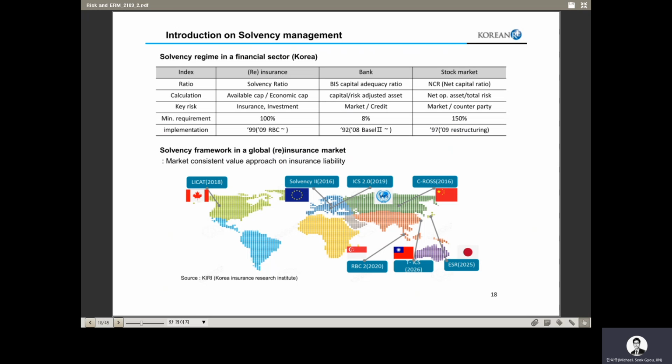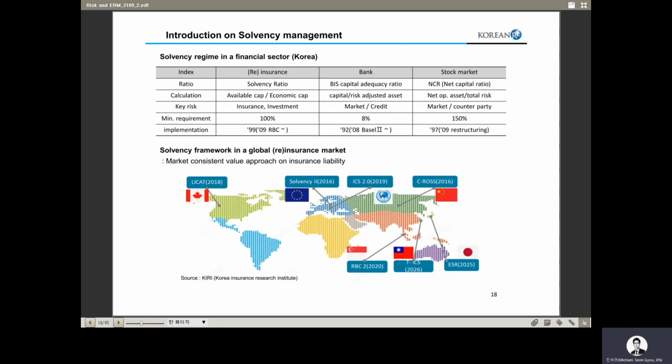Each industry's key risk is predefined, called economic capital in reinsurance, risk-adjusted asset in banks, and total risk on the investment side. In reinsurance, insurance and investment risk is the main risk, and for banks, market and credit. And for the stock market, market and counterparty risk is the most important. The minimum requirement for solvency ratio also differs by industry as shown.